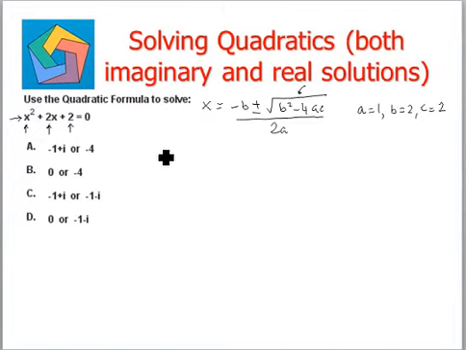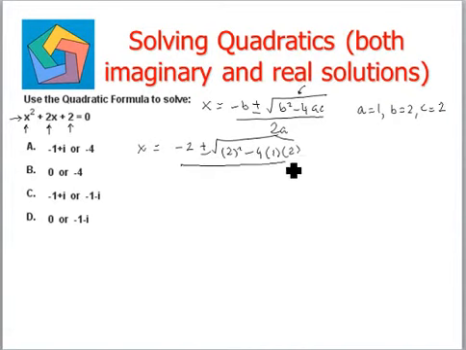x equals negative 2 plus and minus the square root of b squared, that is 2 squared, minus 4, a is 1 and c is 2, divided by 2 times 1.